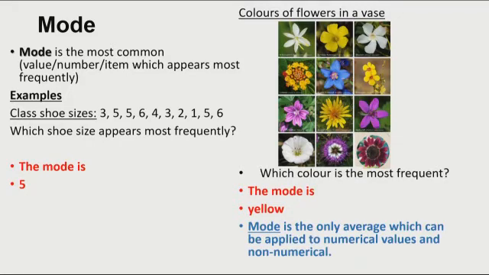The mode is the only average which can be applied using both numerical and non-numerical values. So the numerical value, which is the first one, the mode is 5, and the non-numerical value, the mode is yellow. So the mode is the most frequent.